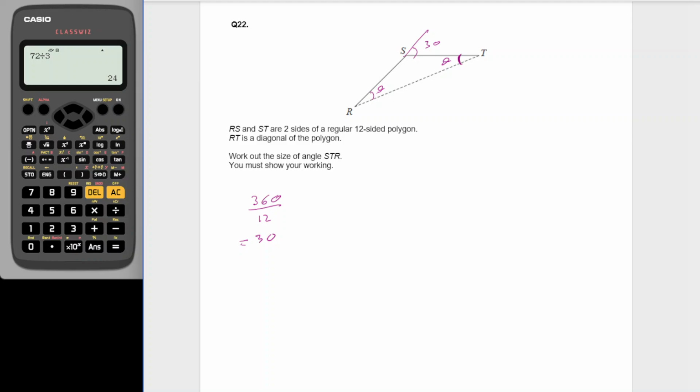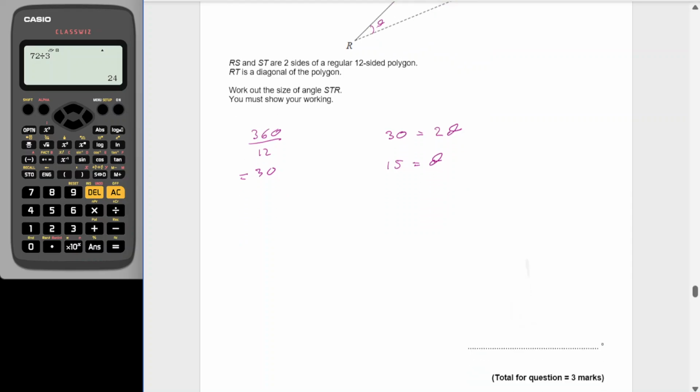We could do it as 180 minus, so 30 degrees has to be equal to 2 theta, because the two sides are equal to the exterior angle of the third, so 15 is equal to theta.